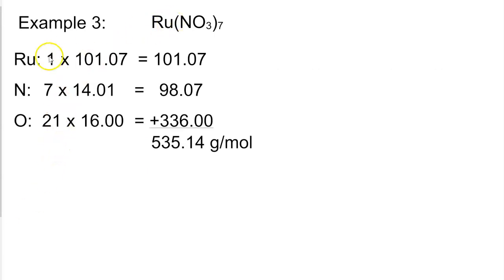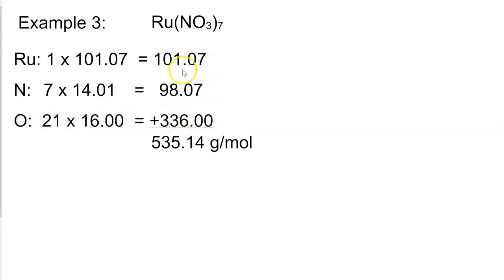Going to the next example, we have to figure out the molar mass. Remember, we list our elements, Ru, N, and O. I have 1 Ru, 7 N's, and because this gets multiplied through, I have 21 oxygens. I take the number I have of each times its periodic table number, the molar mass. So 1 times 101.7 is 101.7, 7 times 14.01 is 98.07, and 21 times 16 is 336.00.